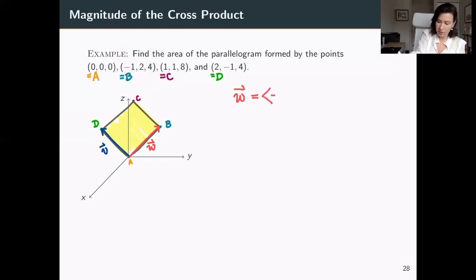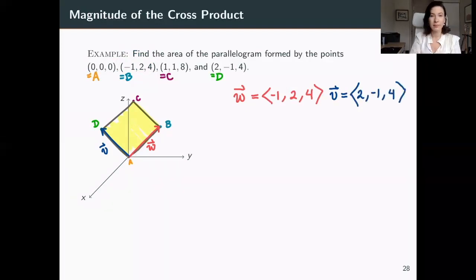So we have that vector W is negative 1, 2, 4. And in a similar fashion, we know that our vector V is the vector that goes from the origin to D. And so that is going to be given by 2, negative 1, and 4.